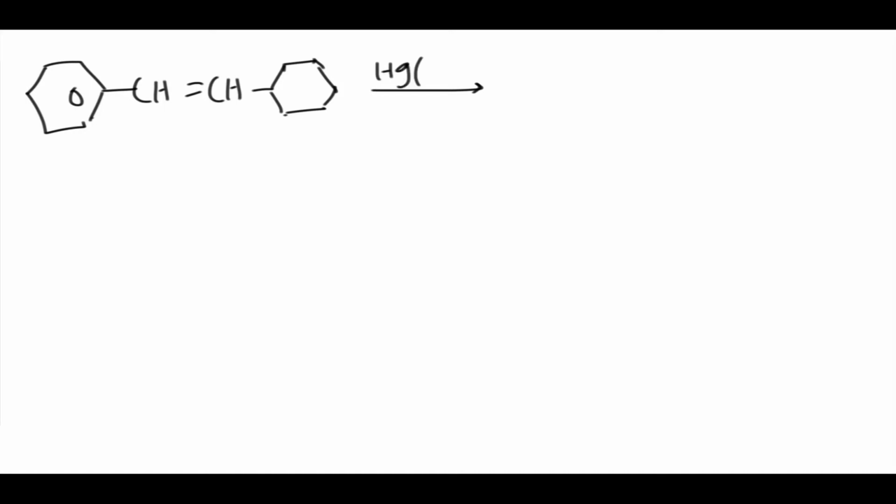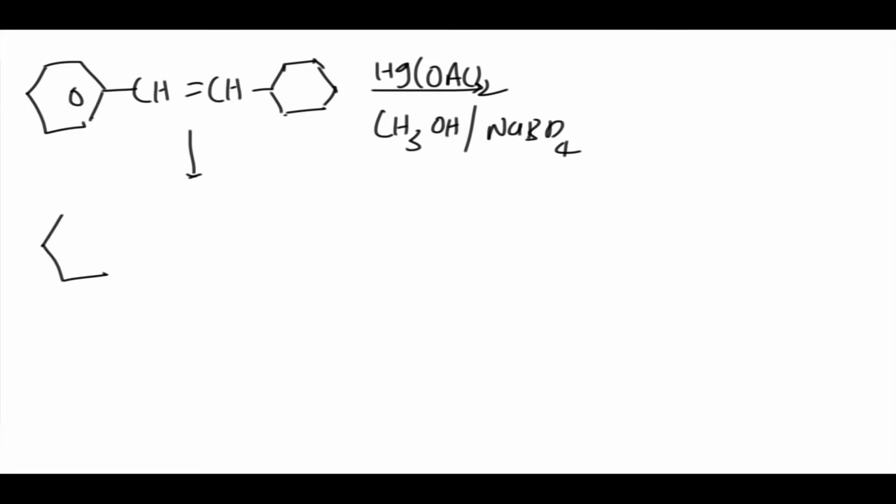Okay, so let me take another example. This is treated with HgOAc twice and CH3OH followed by NaBD4. So here there are two types of carbocation formation, as you can take here. This is one possibility.